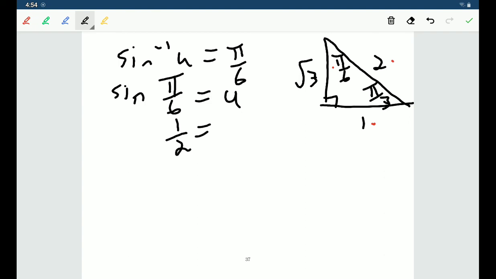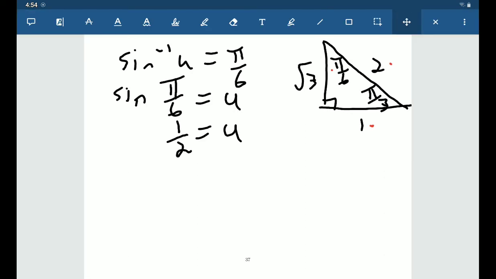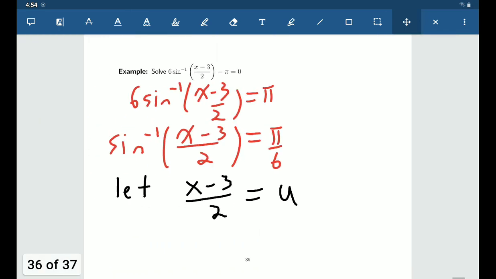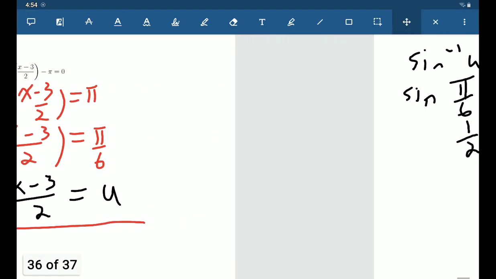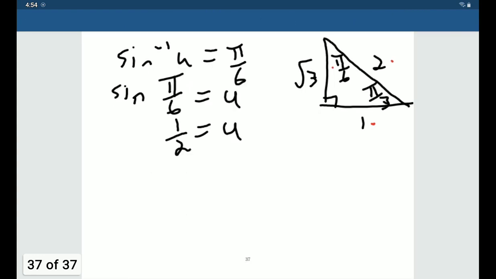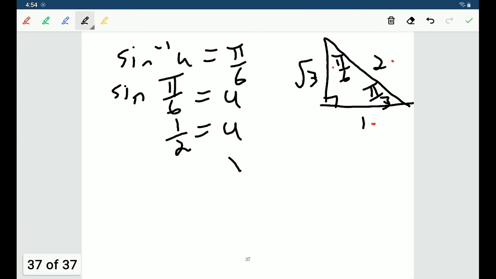So in other words, a half is equal to u. And then don't forget, you've solved for u, which is wonderful, but you were actually looking to solve for x. So we'll use the fact that u is x minus 3 over 2. So instead of u equaling a half, we'll have x minus 3 over 2 equaling a half.